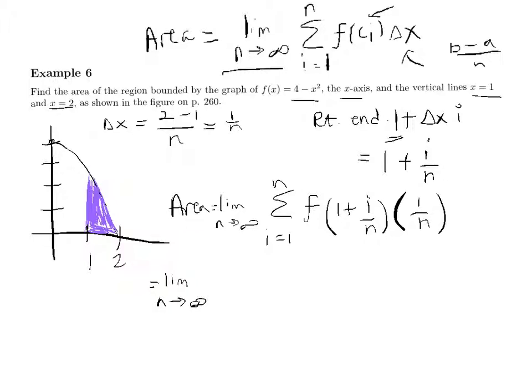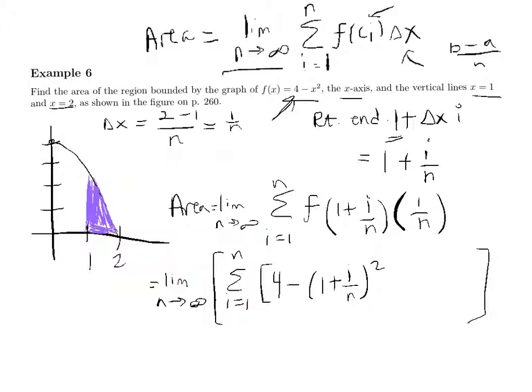As we said yesterday, whatever we are left with inside our summation should be a function of n, but not have any i's in it. Once we simplify the sum, we should not have any i's left, but we should have n's. All right, so plugging 1 plus i over n into our function up here, 4 minus x squared, we get the sum from i equals 1 to n of 4 minus 1 plus i over n all squared, and then still our 1 over n multiplied.